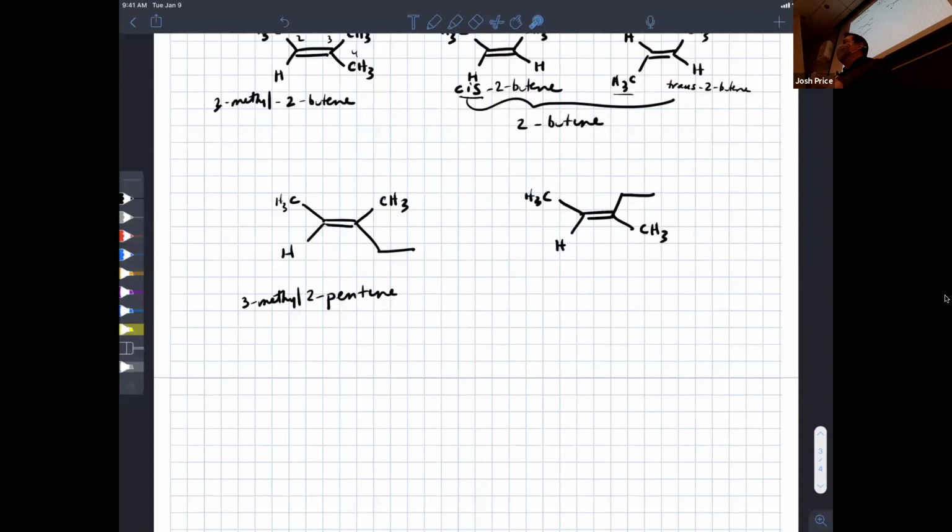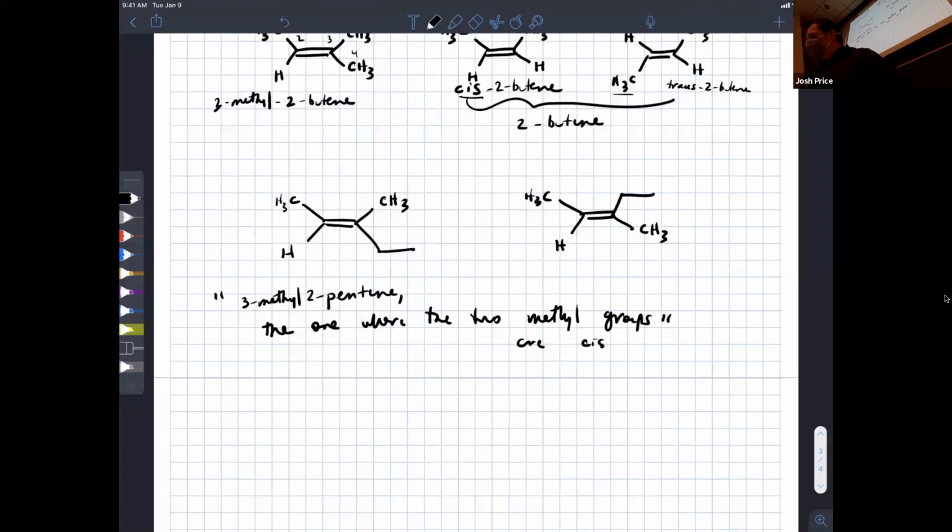Do I mean the one where the methyl groups are cis, or where one methyl group is cis to the ethyl group? I'd have to specify it. Okay, well, 3-methylpentene, comma, the one where the 2 methyl groups are cis. And then quotation marks for dear Aunt Dinah. Okay, not good enough, right?